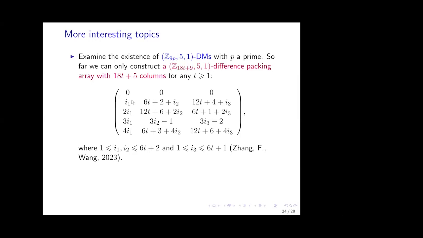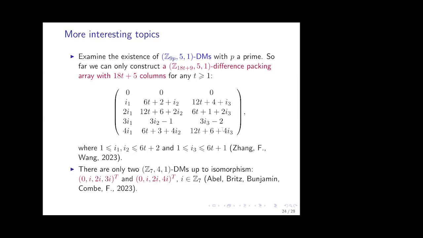But we can construct an almost difference matrix. Almost means a difference packing. We need to construct 18t plus 9 columns, but we only constructed 18t plus 5 columns. We couldn't add the 4 more columns into it. We used the same pattern. Of course, a question is whether it is possible to change to another pattern.